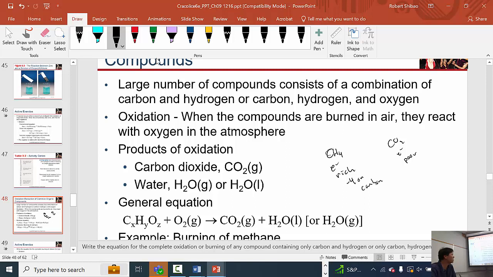And CO2 is +4 on carbon. To show that, I write that in parentheses here, -4 in parentheses above the carbon. Hydrogen's a +1. And over here, it's +4 and -2.